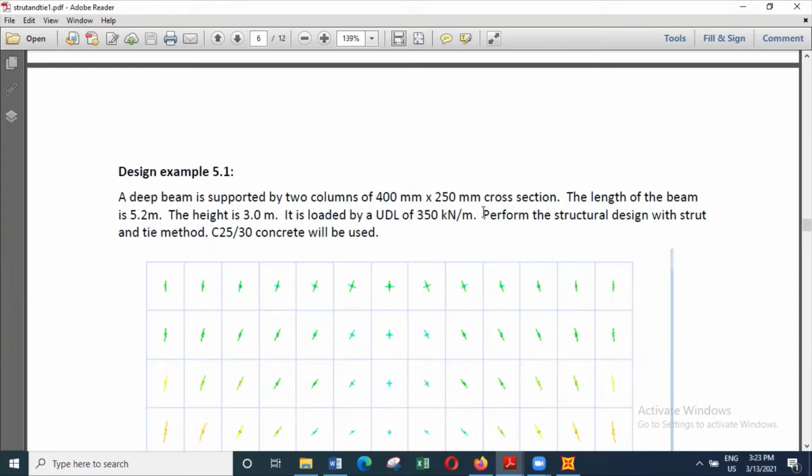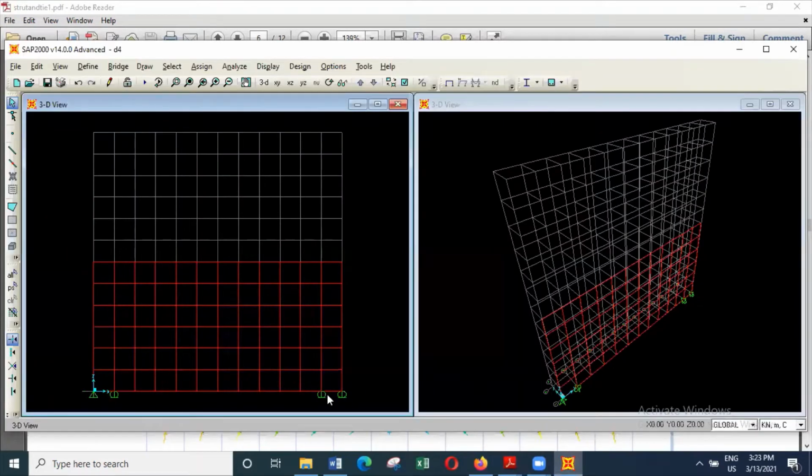UDL is 350 kilonewtons per meter, and the supports are 400 by 250. But in this one, supports will be 500, length will be 6 meters, height will be 3 meters, and we can apply the same load. So we select. These are the exact model, but I'm going to show you something similar.